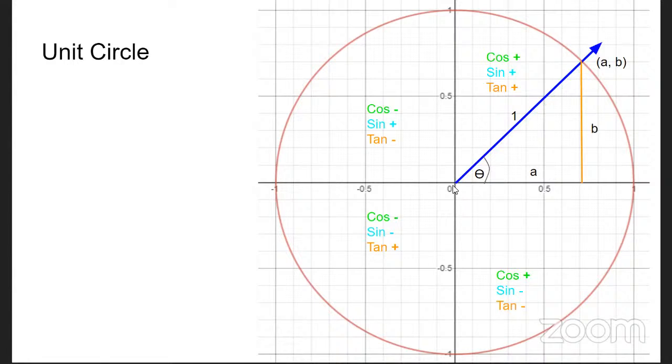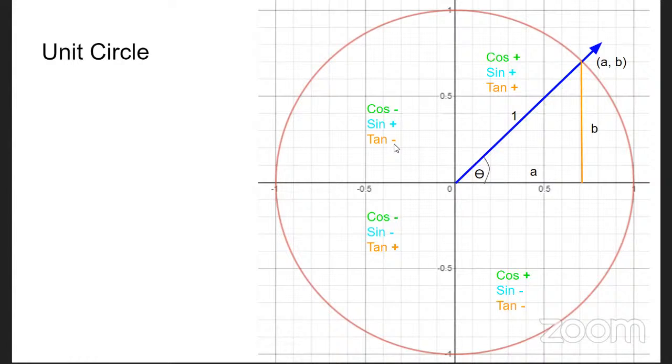In quadrant 2, because you're headed to the left from the origin, from (0, 0), you're going to have a negative cosine, but you're still going up vertically on the y-axis, so your sine will be positive. If you have a positive over a negative in fractional form, then you know the answer of that fraction will be negative.